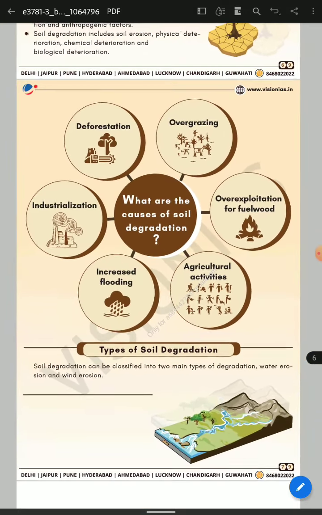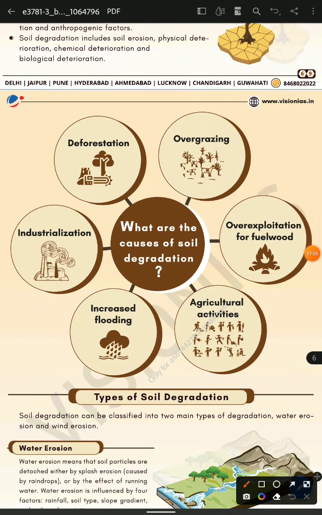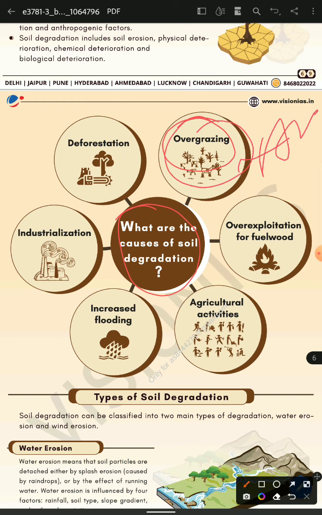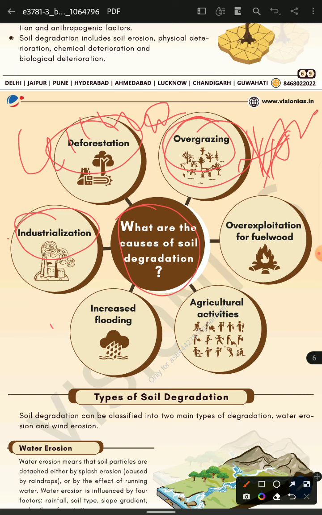You have the diagram of the causes and regions. Soil degradation can be caused by overgrazing, because maximum cattle graze on the field and then little grows. Then deforestation, because people are cutting trees. And industrialization, because land holding capacity is less, so maximum buildings are developed, factories grow and forest is cut down.